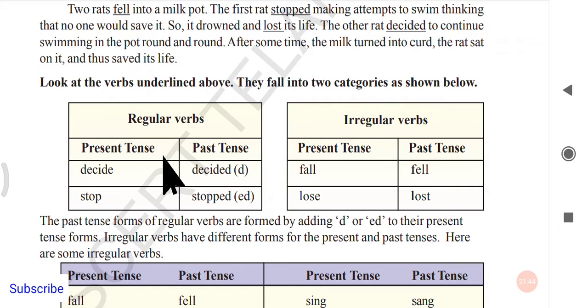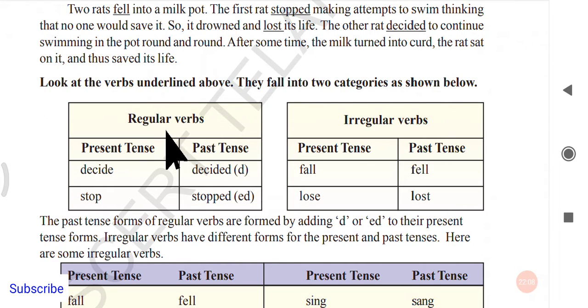Regular verbs, very simply, we need not go very deep into this. It is very easy. Regular verbs are the words which end with ed or d in the past tense. Very important here: not in the present tense. When we change these present verbs into the past, they must have d or ed.